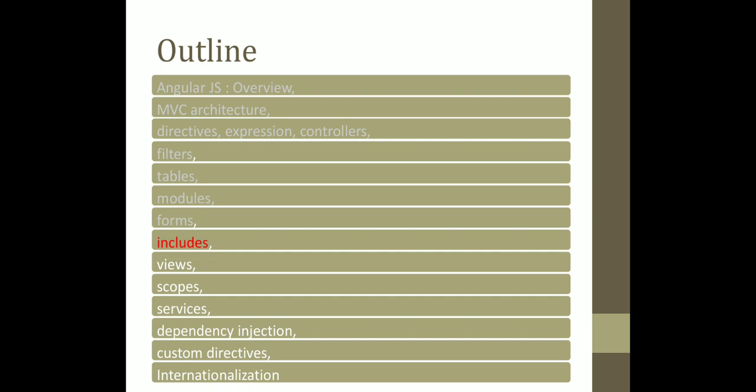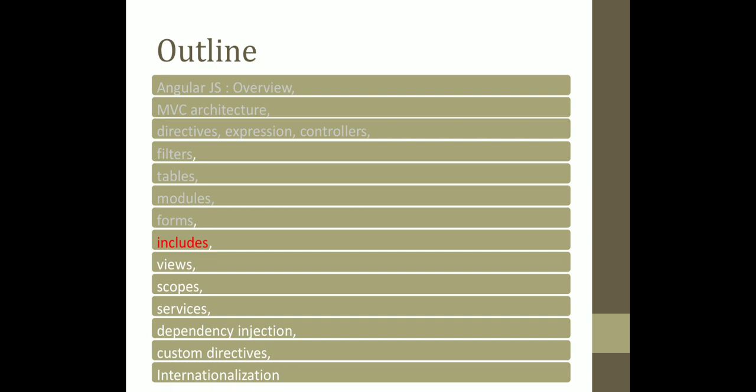We have seen today filters, tables, models, and forms, and these are all used as tools of AngularJS for displaying related data or information. All these things are related to the view part and controller part.